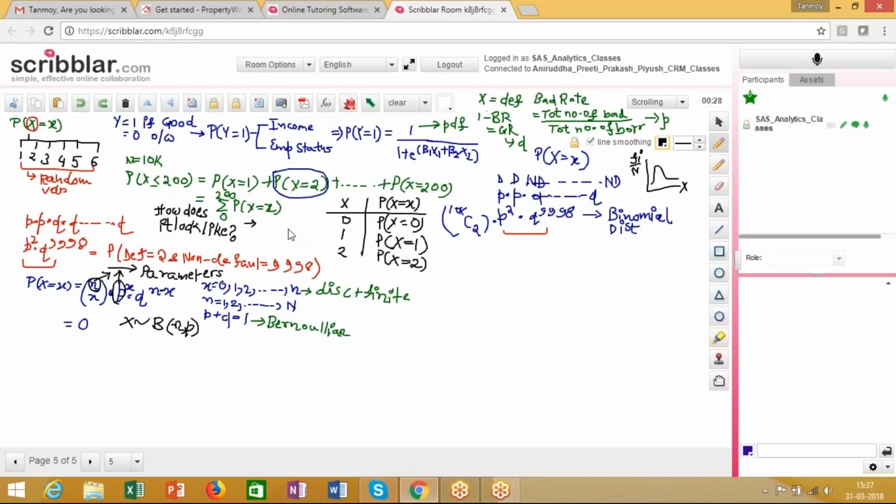So how would the graph of the binomial distribution look? Is it skewed? Is it not skewed? Is it symmetric? How do you think this binomial distribution should look?